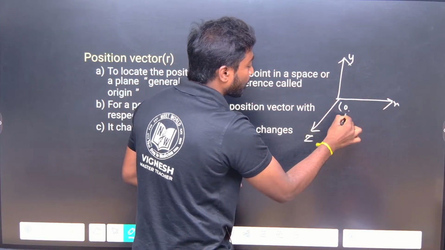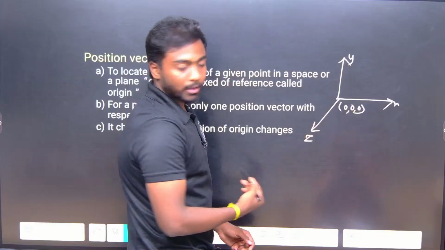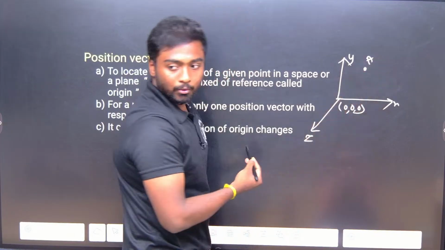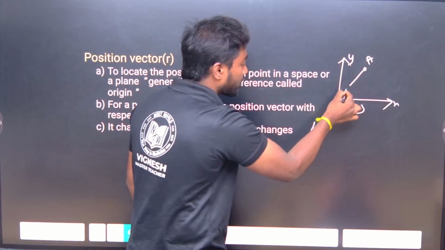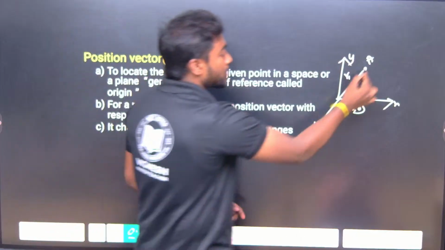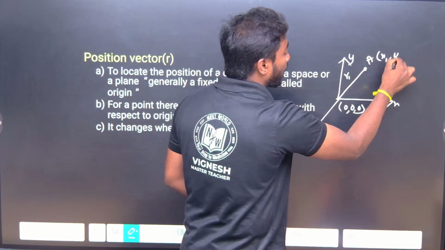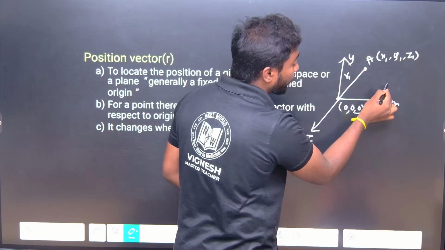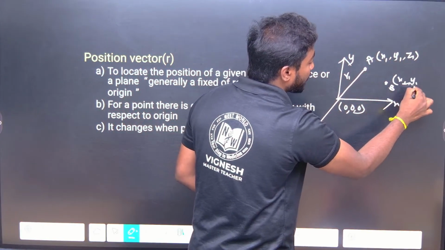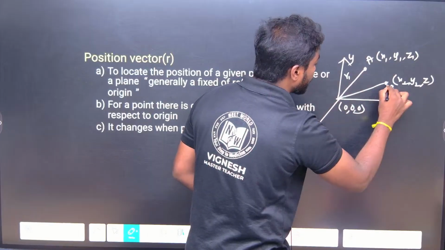So this is my space, x, y and z, and this is my 0, 0, 0. Suppose this is my point A. This is the position R1 I will take, which is x1, y1, z1. Now the position changed, that is B, which is x2, y2, z2. So this is my R2.